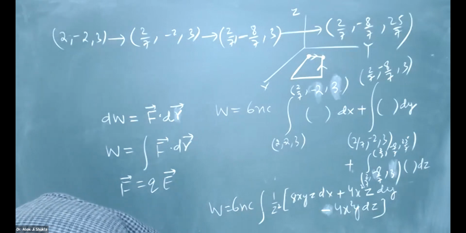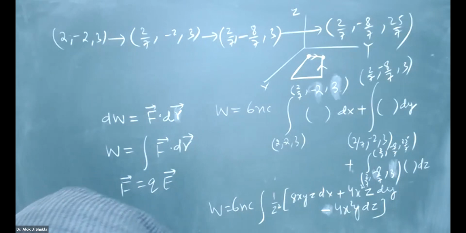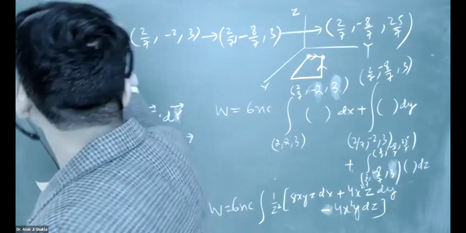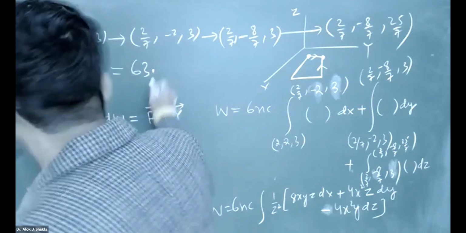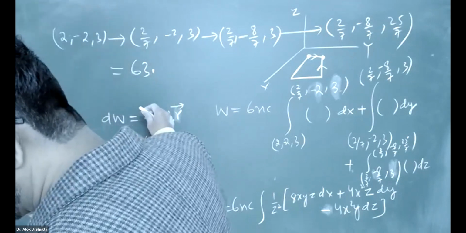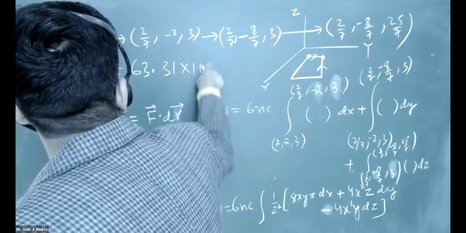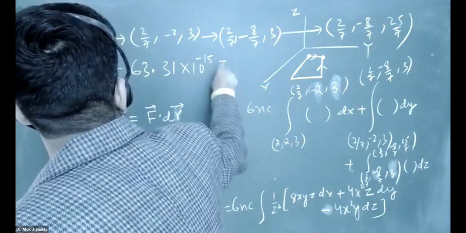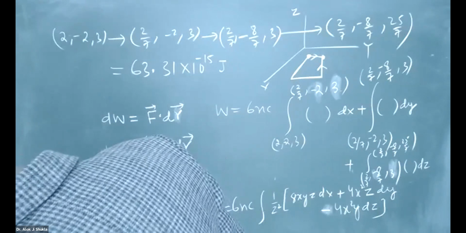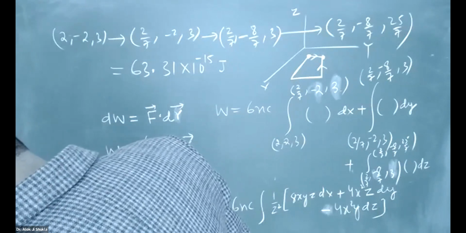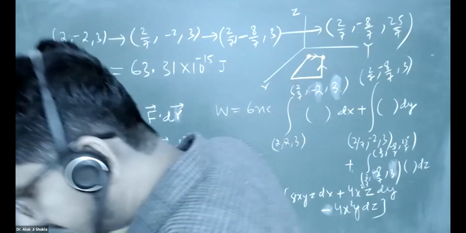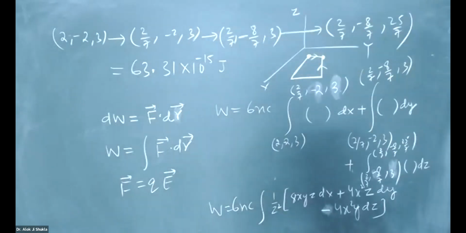And when you do it, you will try it and calculate the value. You will find the answer to be 63.31 into 10 to the power minus 15 joule. This will be the answer. Okay. देखो समझ आया सबको?